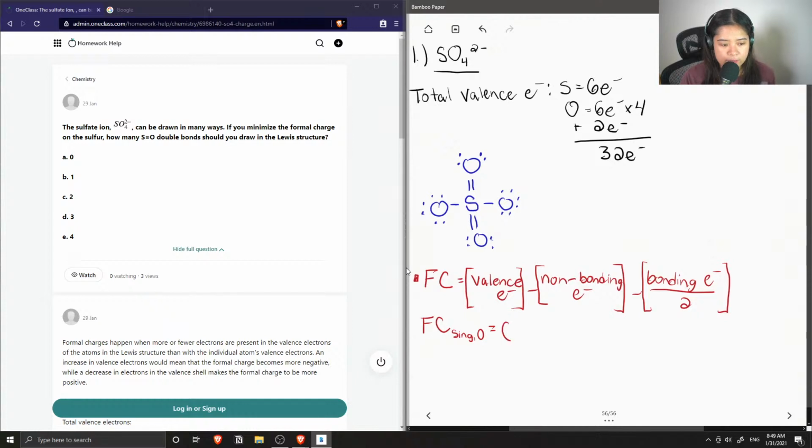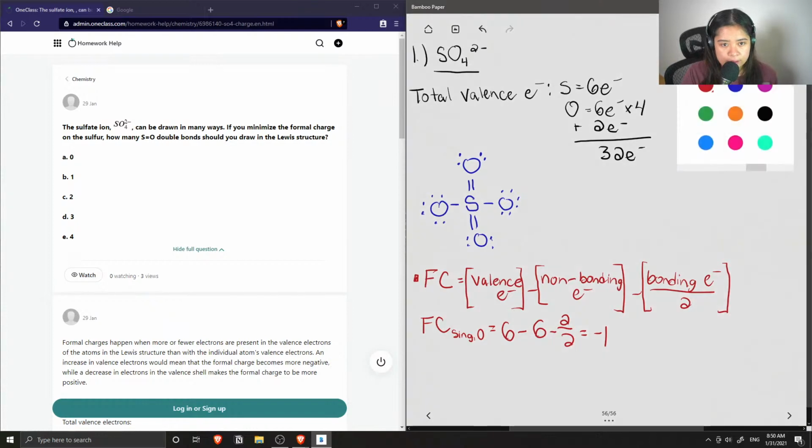Oxygen has 6 valence electrons, and a single bonded oxygen contains 6 non-bonding electrons. And there's only 1 bond to the oxygen, and each bond contains 2 bonding electrons. So we'd write in 2 divided by 2, and that's how we get -1. So I can draw charges of -1 beside my single bonded oxygens.